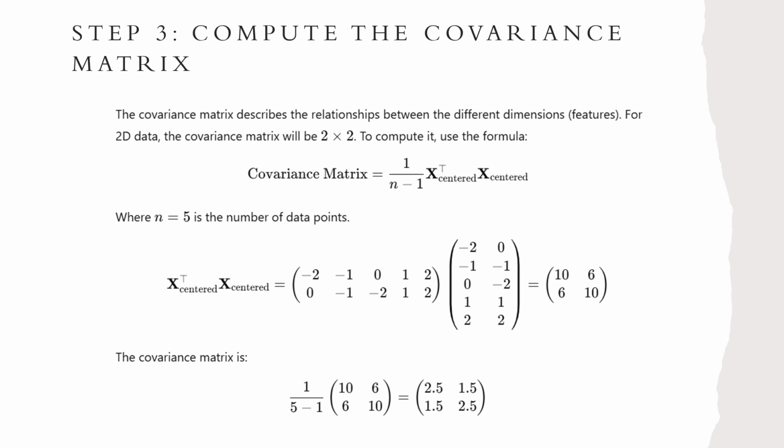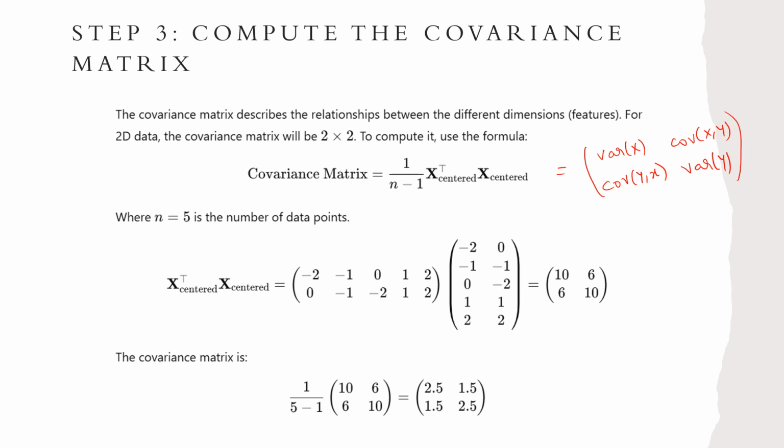Covariance matrix is written as: this is variance of x, covariance of xy, this is covariance of yx, and variance of y.